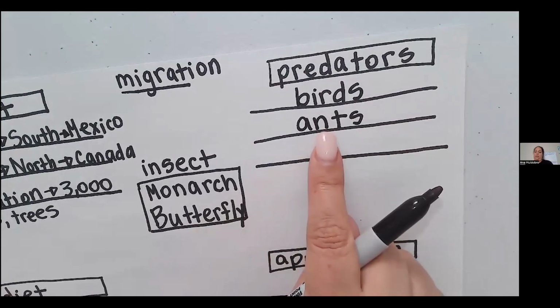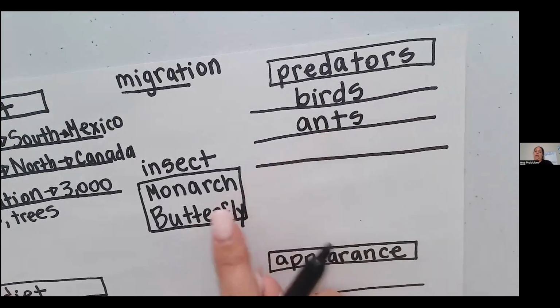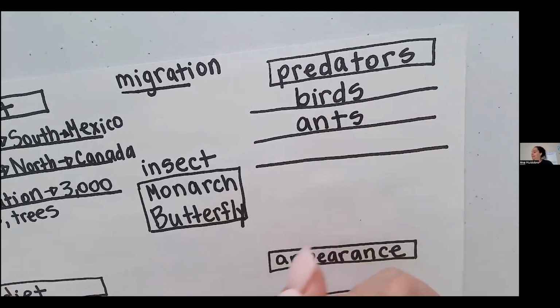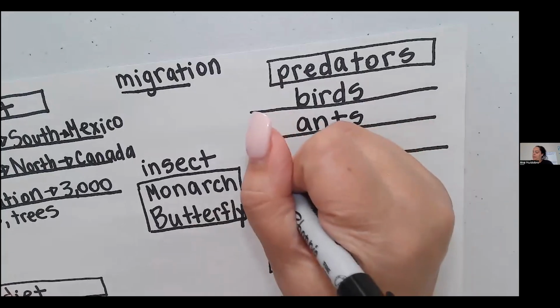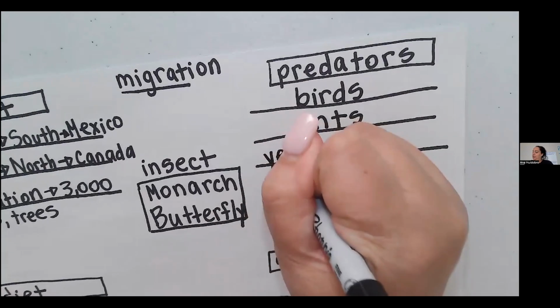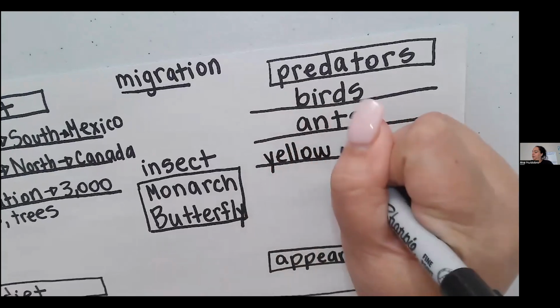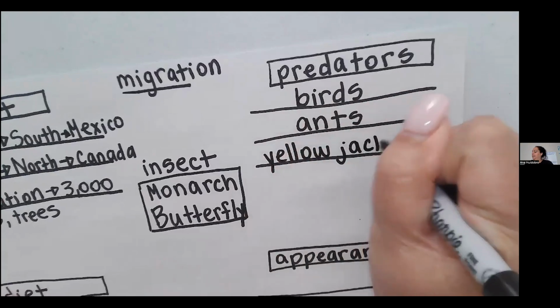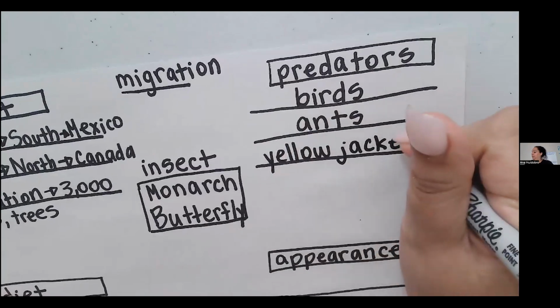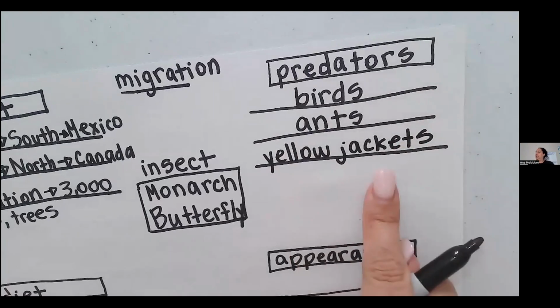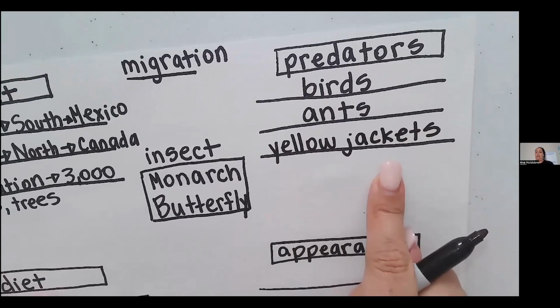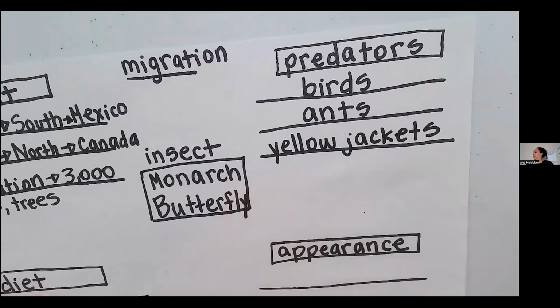They enjoy eating the little eggs and parts of the little caterpillar. And this is another one, yellow jackets. Now, yellow jackets look a lot like bees, but they're actually wasps. Yellow jackets are predators for monarch butterflies.